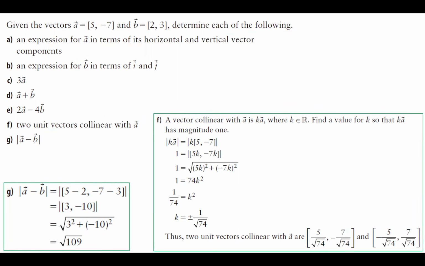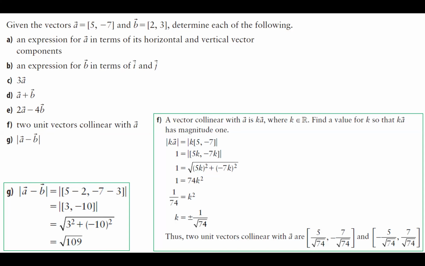So we have the square root of (5k) squared plus (-7k) squared equals 1. So 74k squared equals 1. So k squared must equal 1 over 74. Therefore, k is either positive or negative 1 over square root of 74.